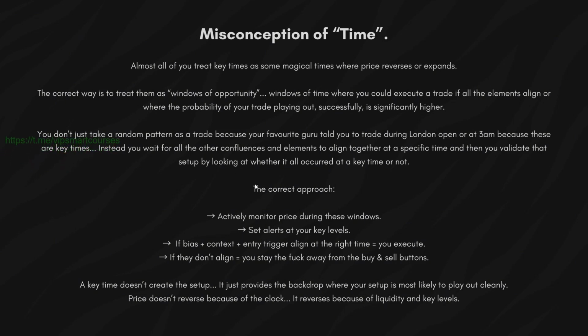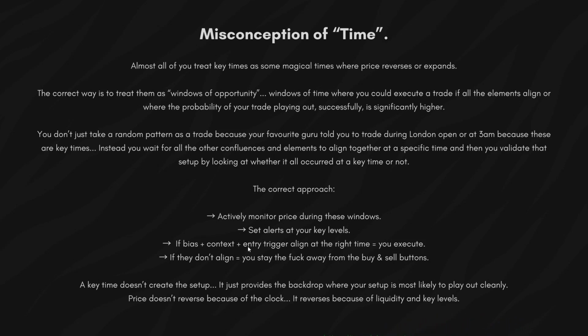Okay, the correct approach to key times is that you actively monitor during these windows of opportunity. You set alerts at your key levels, and basically you wait for your bias, your context, and your entry model to align at one of these key times. And if that's the case, you execute. But if only the entry model or the context is present at the right time, then you don't execute, because you still have to wait for the bias.